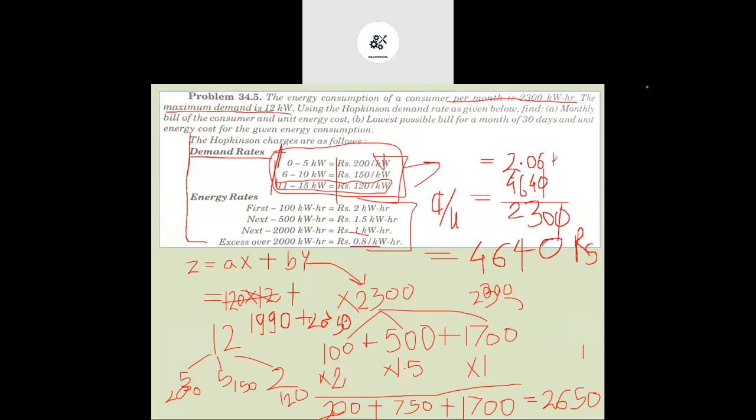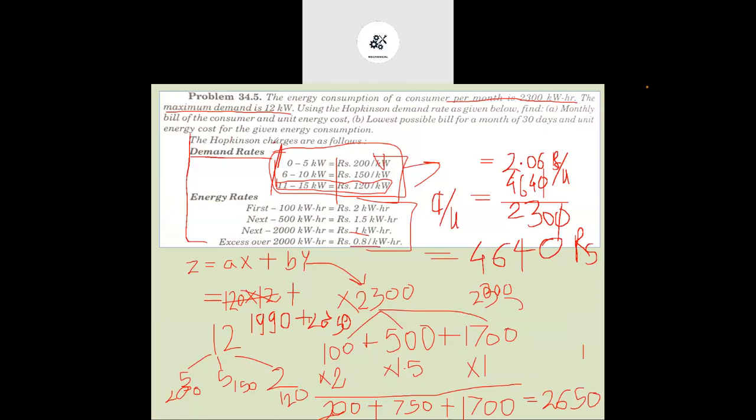Whenever you divide, the 00 gets cancelled, and the final rate we got is 2.0 rupees per unit. That is the average unit energy cost given to that particular consumer.